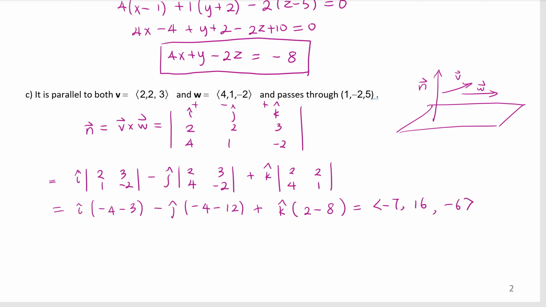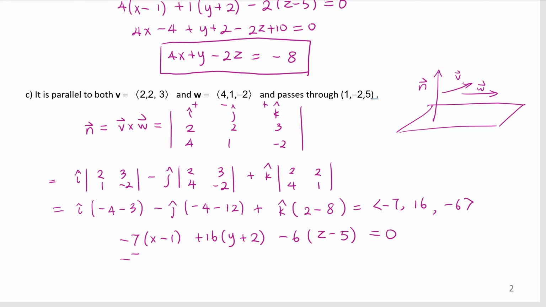So this is the normal vector, and we also have a point on it. Then we have minus 7, x minus 1, plus 16, y minus negative 2, so y plus 2, minus 6, z minus 5, and that equals 0.